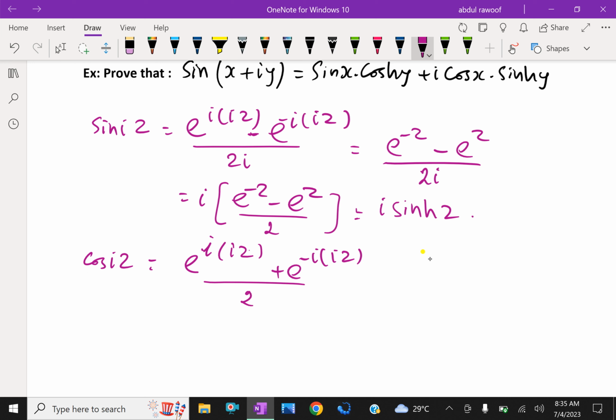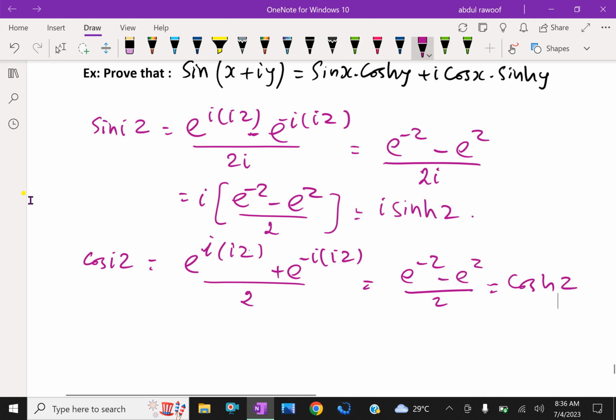Since i squared is minus 1, it is (e^(-z) plus e^z) over 2, which is cosh z.